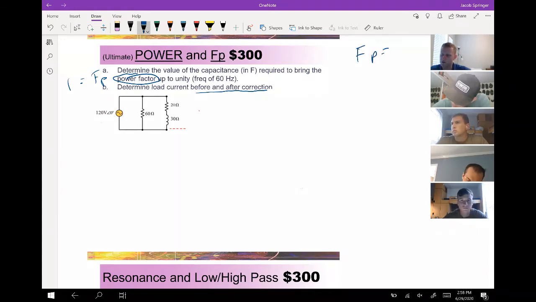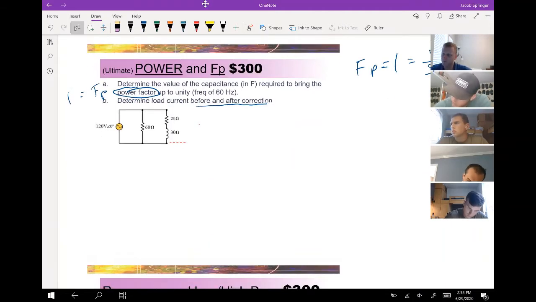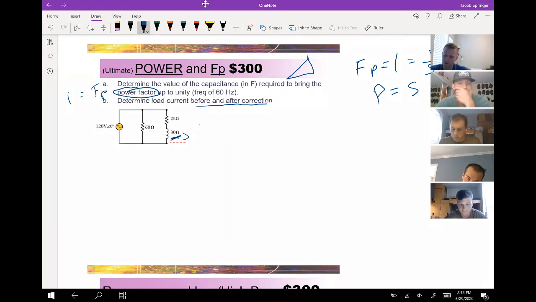If FP is equal to 1, and that is P over S, then another way of saying that would be that we want P to equal S, right? Initially we're going to have a power triangle, and I can tell it's already inductive because here's an inductor, 30j. There's no capacitor, so we're going to have an inductive circuit.